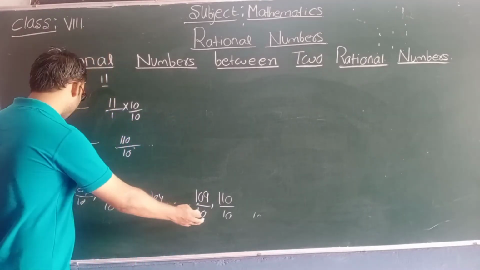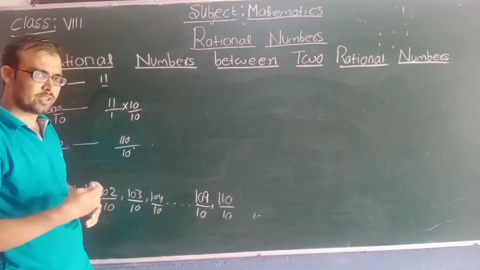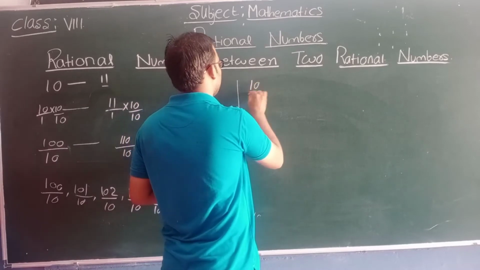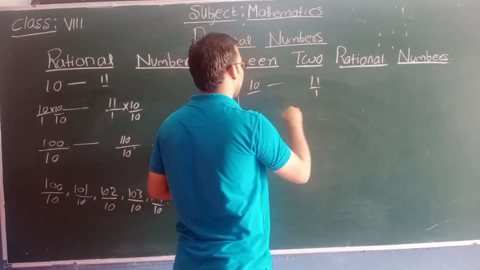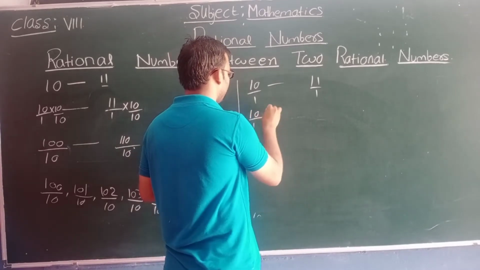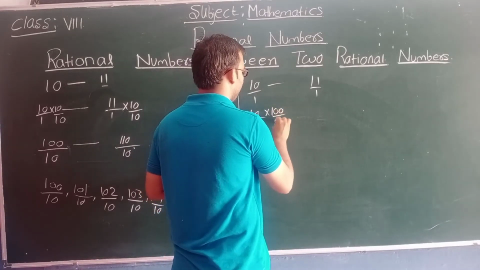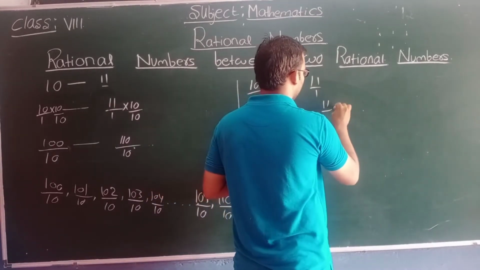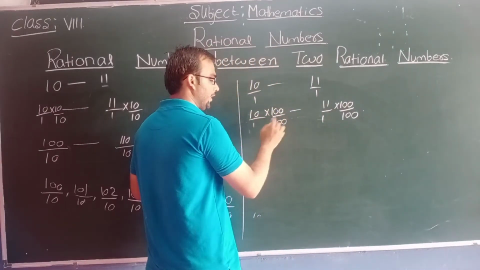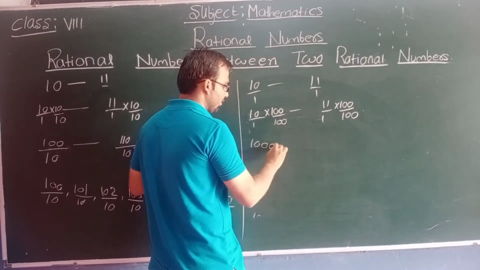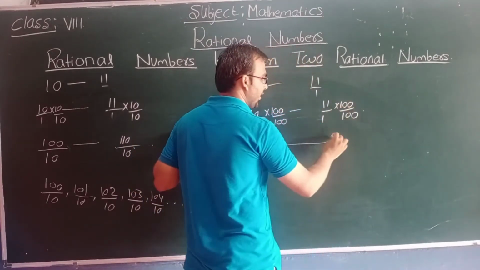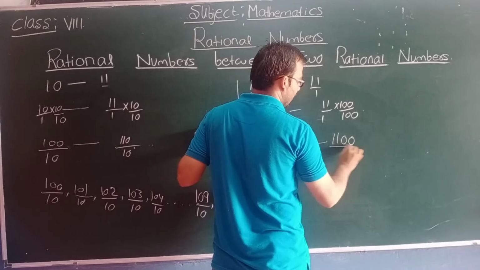Not only these 9 numbers, students. If you want, you can still get more and more numbers. As I told you, if you want to get more numbers, just multiply by a bigger value, 100 by 100. So 10 into 100 is 1000, and 1 into 100 is 100. Next, 11 into 100 is 1100, and this is 100.